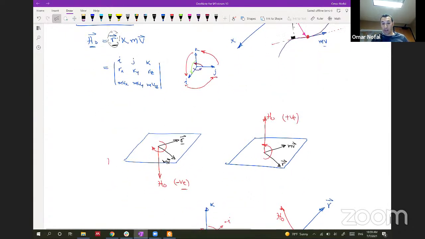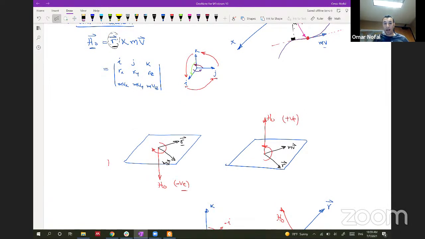So this is how you can get the cross product, and you will have to train yourself on how to get this. In the quiz on Friday, you might be asked about the direction of omega or the direction of something based on the right hand rule. If you curl your hand and your finger is going outside the paper, it's positive.